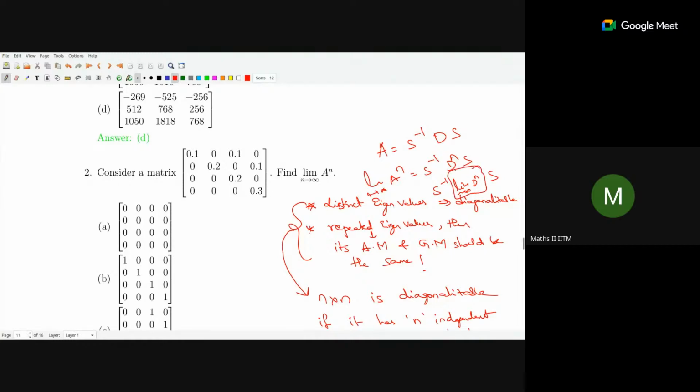Whatever you get after letting n tend to infinity, you will get a matrix here. Then multiply that matrix on the left with S inverse, and on the right with S, and you will get this answer.